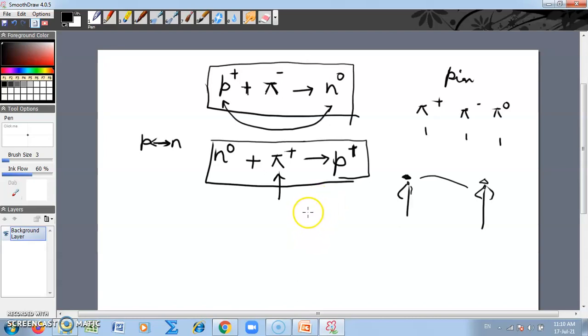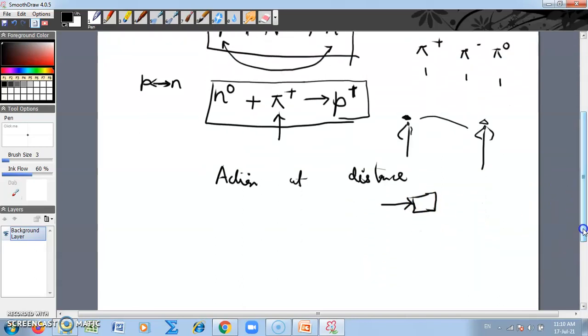Now the idea of exchange force comes from the idea of action at a distance. When I apply a force on a particle or on a body, it starts moving. But that is what happens in mechanical movements. What about electrical?